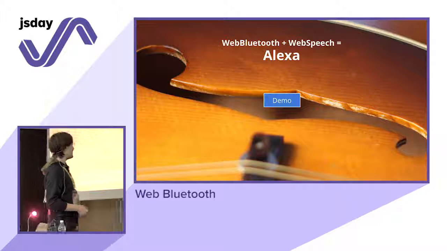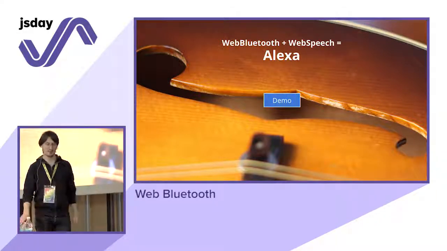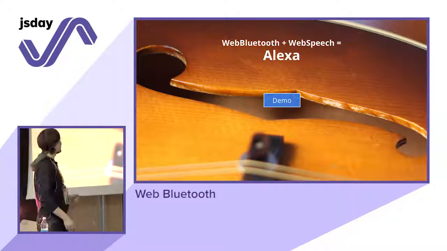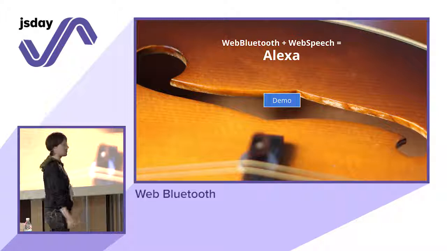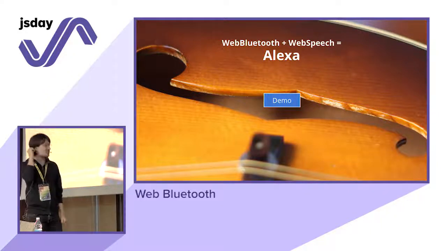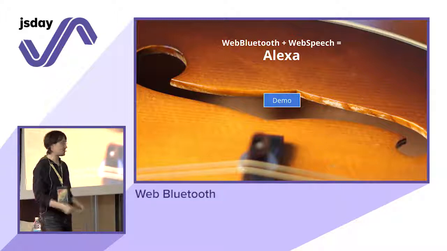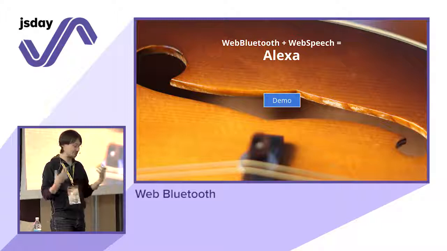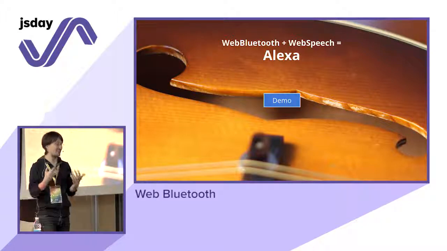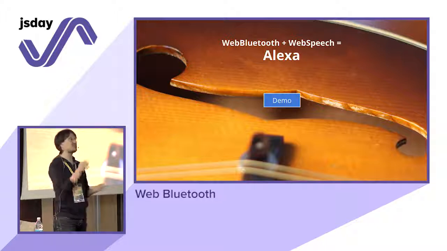Okay, so again, everything started with Alexa, at least for my experimentation. A few weeks ago, there was a talk about the Web Speech API, which is awesome because, even though it is not standard and not that widely supported, it is really good for speech to text and text to speech.